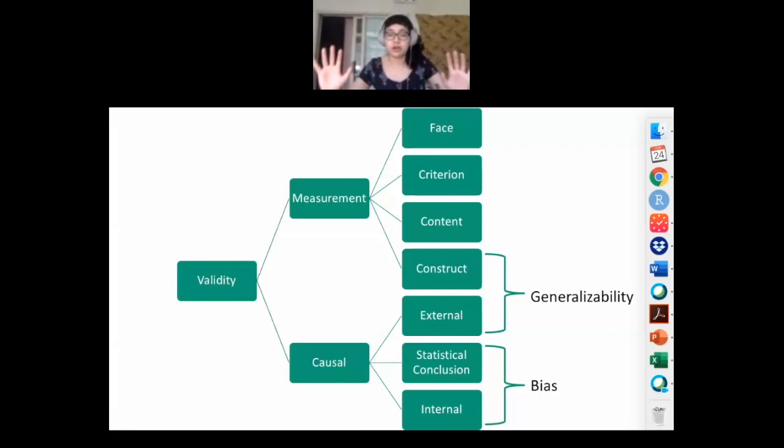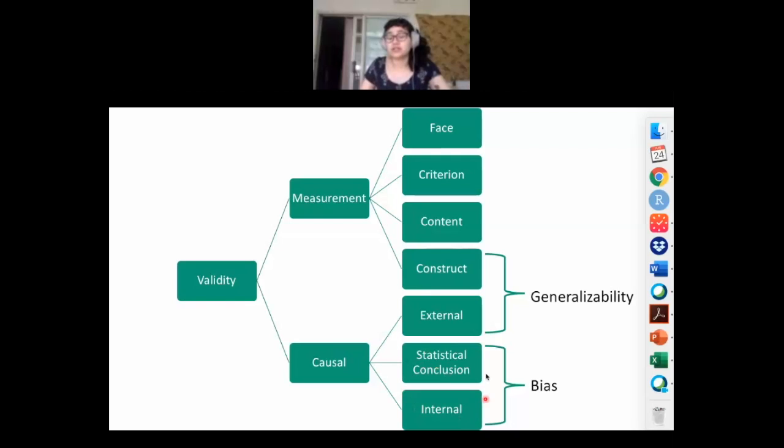Okay. And I developed this chart for you all to understand how validity, which is a broader concept than reliability and has very different levels to it, can be seen in both measurement and in more causal and research methods characteristics as well. And so construct and external validity deal with generalizability, whether or not you can take your study and say it applies to other spaces or contexts.